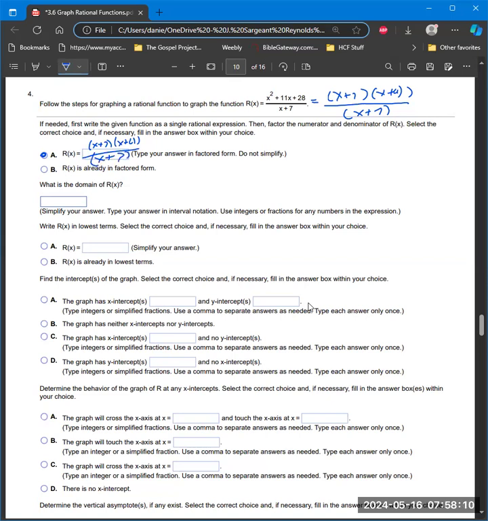When I simplify it, it just simplifies down into x plus 4. Domain is that x can't be equal to -7. So -infinity to -7, union -7 to infinity.